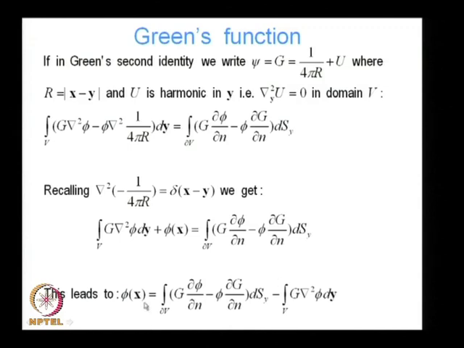So, now this gives me phi of x is equal to g del phi del n minus phi del g del n minus g Laplacian of phi. I have brought this Laplacian of phi to the right hand side.